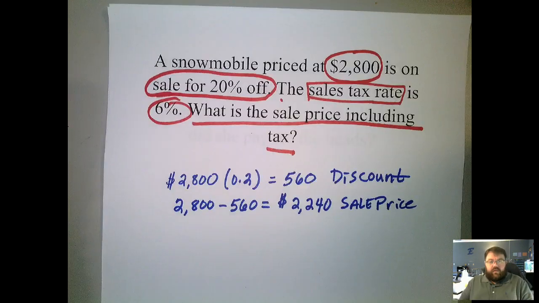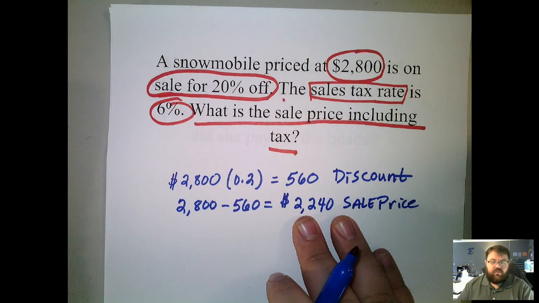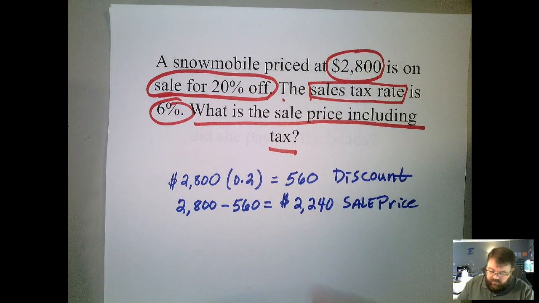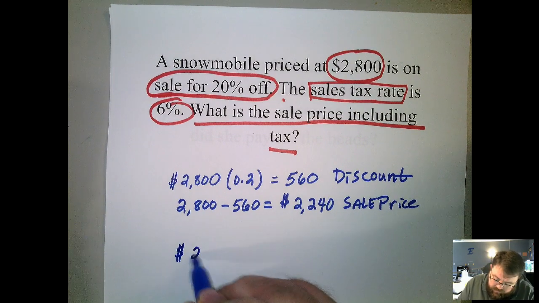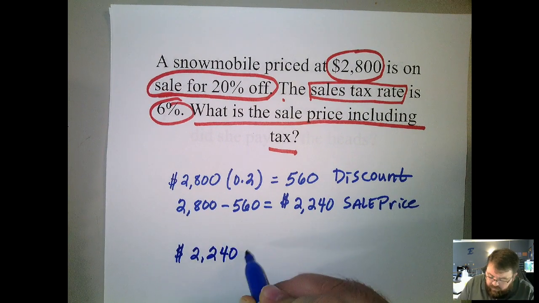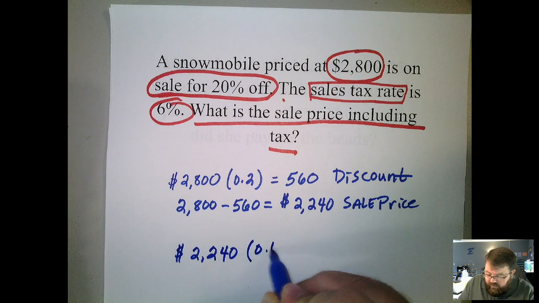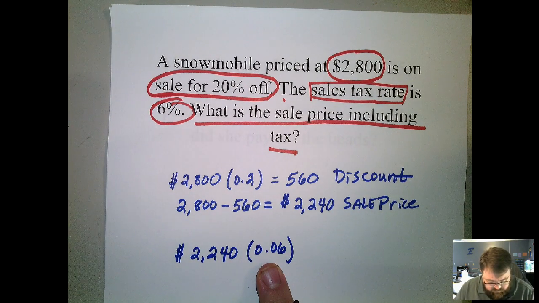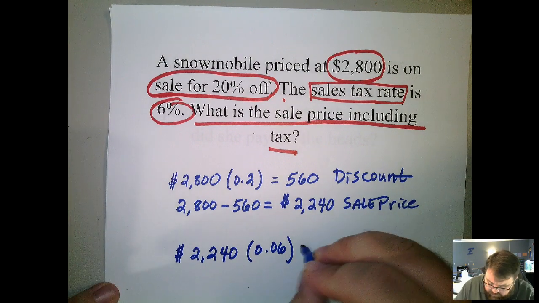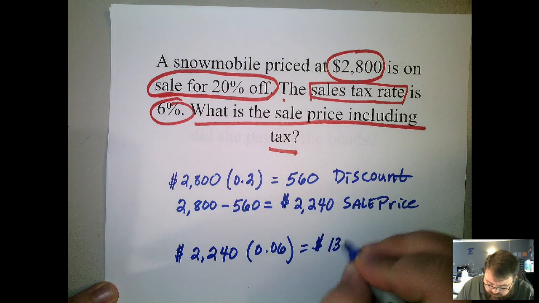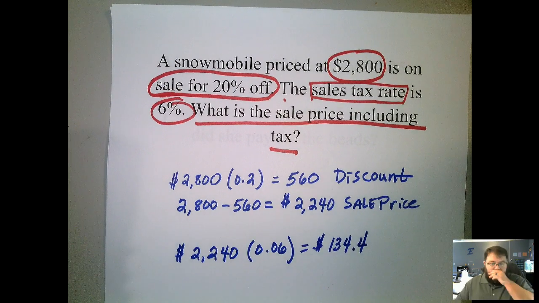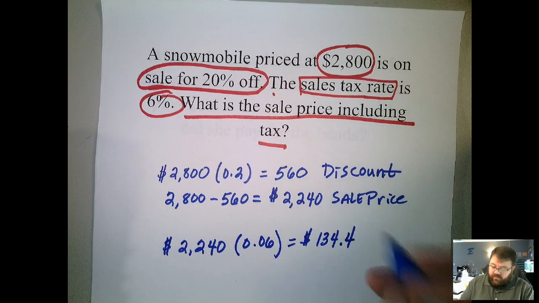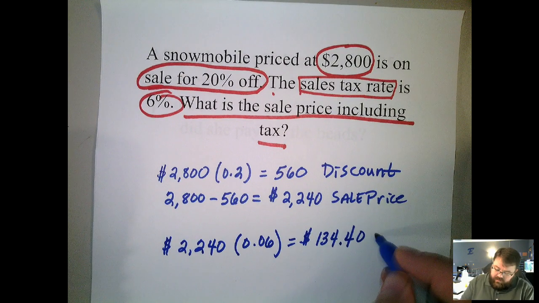Now, we're not done yet. I've got to pay taxes on this sales price. So what I'm going to do is take my sales price, $2,240, multiply it by the tax rate, which is 0.06, and I'm going to get $134.4. Remember, we're talking about money, so add a 0 here, and this is the tax.